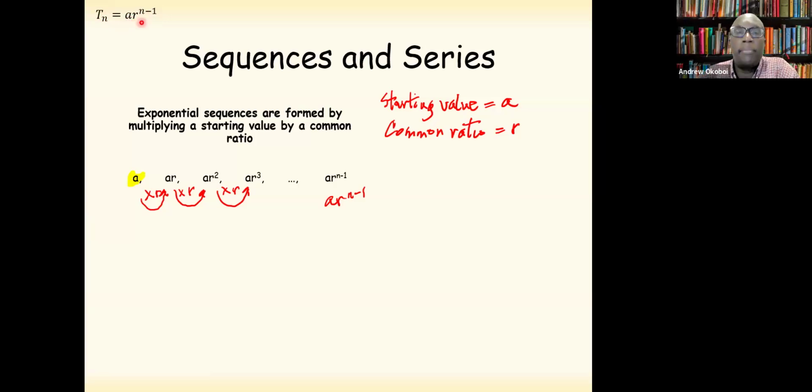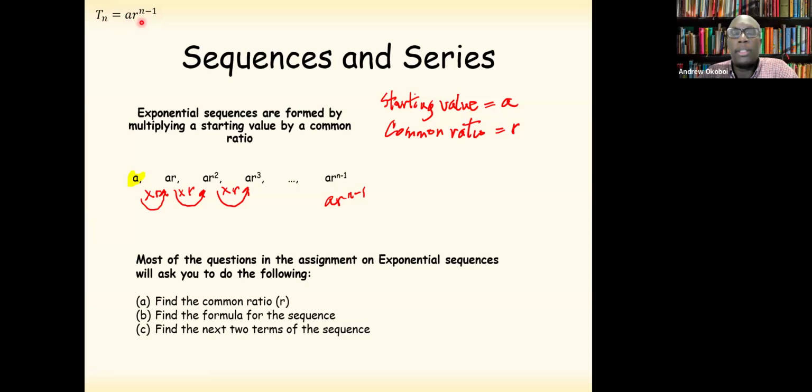Okay, so let's go ahead and look and see what the assignment is. Most of the questions in our assignment on exponential sequences will ask you to find the common ratio. We get the common ratio just by dividing one term by the one before it.